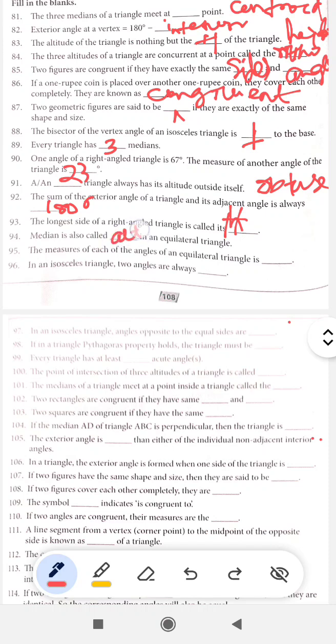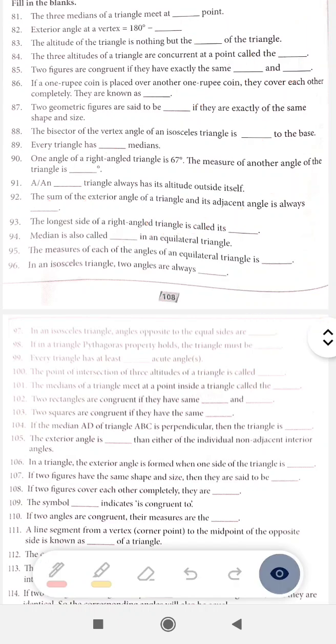Altitude. Next, 95: the measure of each angle of an equilateral triangle is 60 degree. In an isosceles triangle, two angles are always equal, that are called the base angles. Question number 97: in an isosceles triangle, angles opposite to the equal sides are equal.